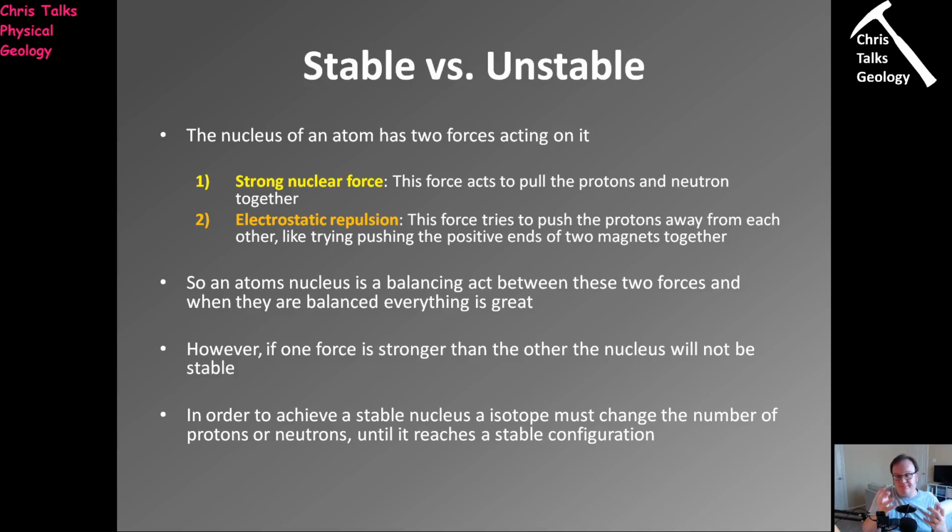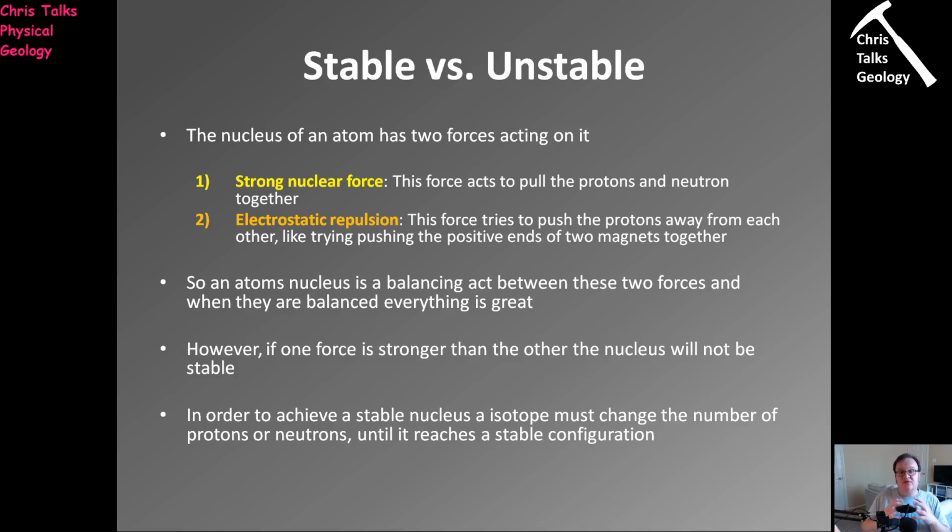At the same time, the protons are positive, aren't they? So you know what happens. If you take the positive ends of two magnets and you try and push them together, well, they naturally repel each other, don't they? So that means an atom's nucleus is a balancing act between these two forces. The strong nuclear force that wants to constantly pull the nucleus into a smaller and smaller space, and the electrostatic repulsion which constantly wants to push the nucleus apart.